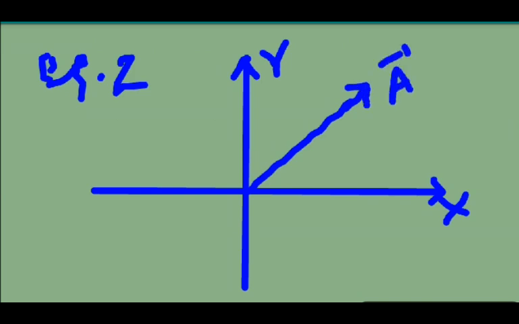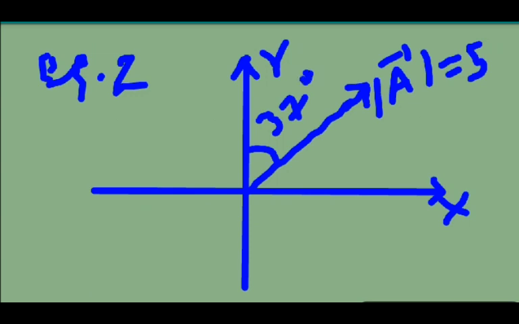In this case we have these two axes, x and y, and we'll also have two vectors, vector A and vector B. Let's say this is vector A, and the magnitude is 5, and this is 37 degrees between vector A and the y-axis, and vector B lies along the negative x-axis.